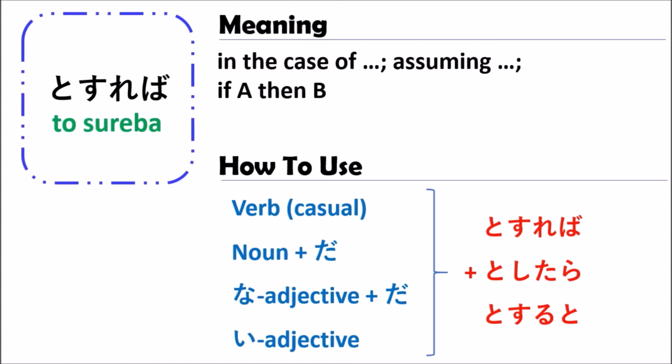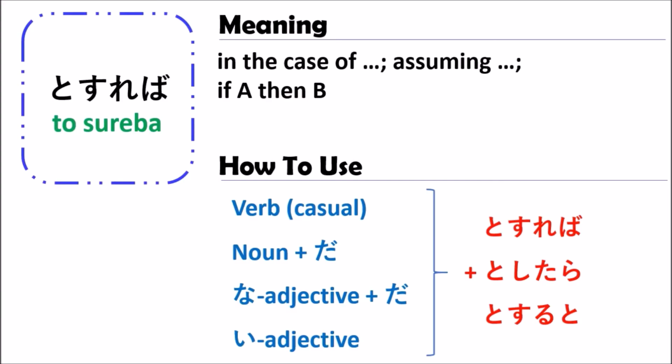And as you see here, after the verb, noun and na or adjective, you can use TOSUREBA or TOSHITARA or TOSURUTO. It just has the same meaning, so you don't need to be confused. In Japanese, there are many ways to say the same meaning in English.